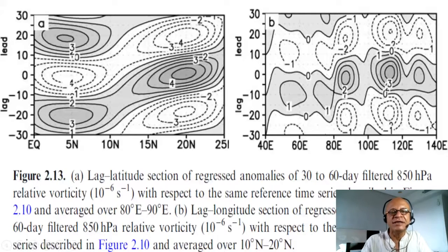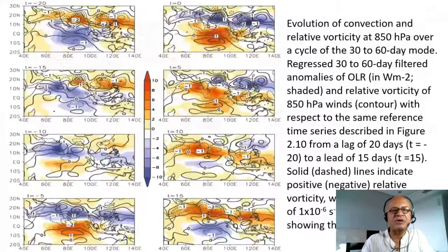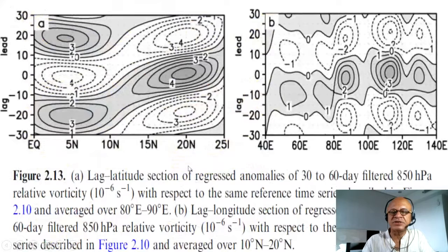So this is just the lag latitude section of regressed anomalies of 30 to 60 day filtered 850 hectopascal relative vorticity, which we had just seen for the propagation in the previous figure here, right? This is with respect to the same time series used before.